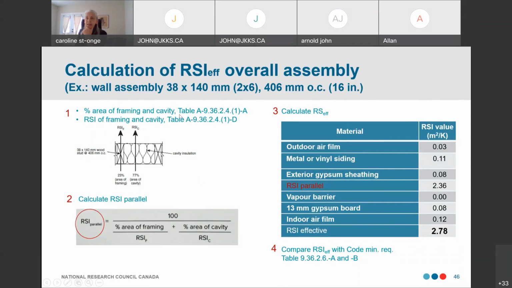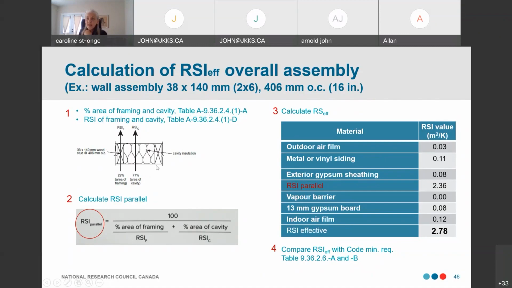These data are available in table 9.36.2.4, and you have to establish what is the thermal resistance of the stud and what is the thermal resistance of the insulation within the cavity. These data are also available in the two tables that I'm showing on the slide.